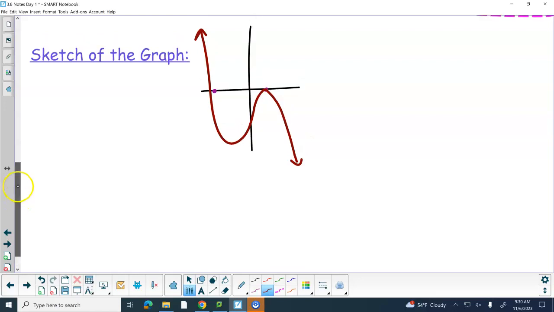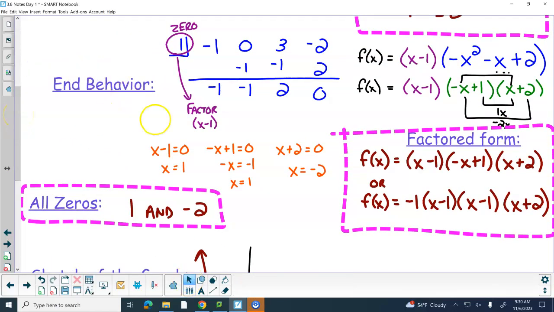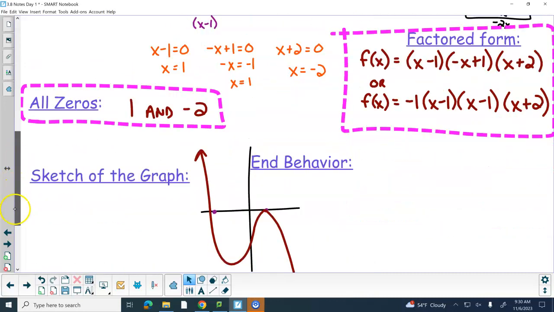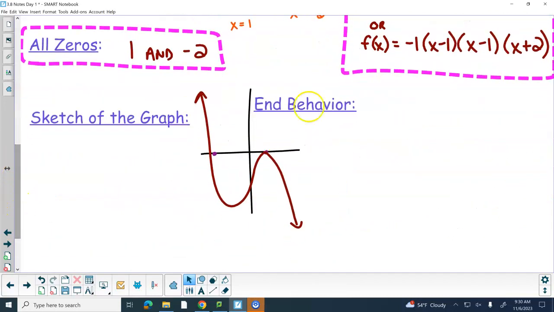So that means then that my end behavior, come on. So that means then, what is going on with this thing jumping today? So goofy today.